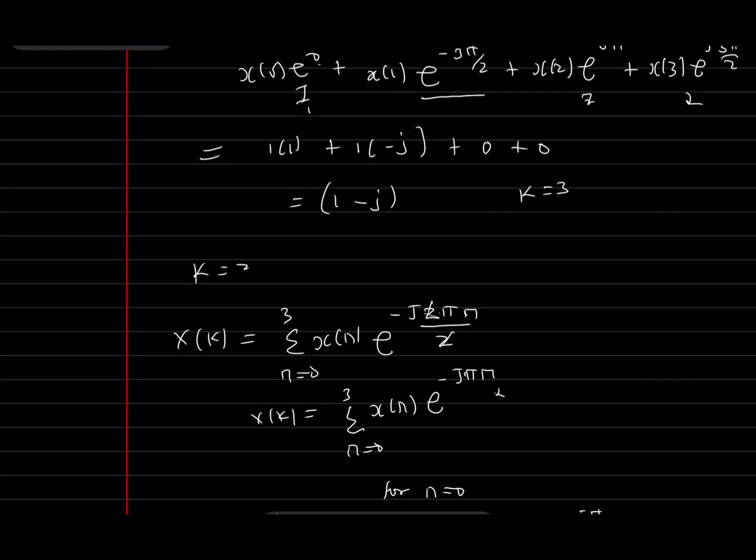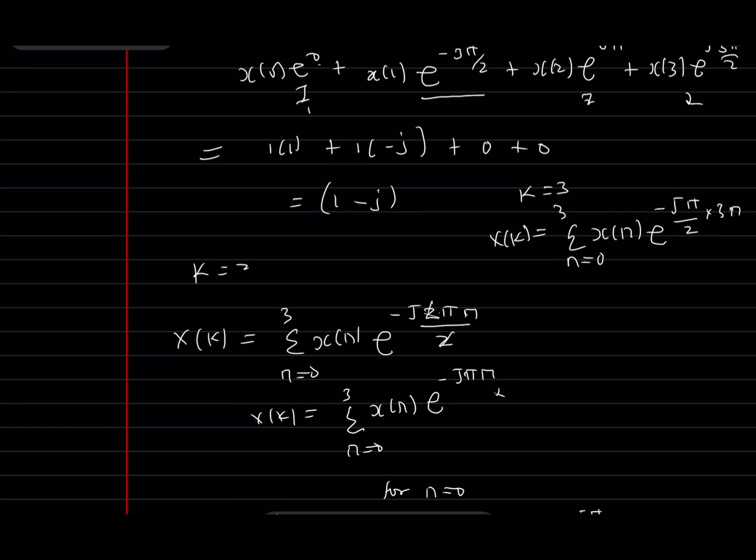For k equal to 3, what you can do is that you write the same formula, s of k equal to the summation of n equal to 0 to 3 of x of n, and then exponent negative j, right, negative j pi on 2, and then we multiply by 3n, and k equal to 3. So when k is equal to 3, that's what we are going to get.